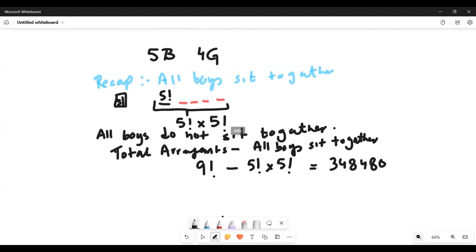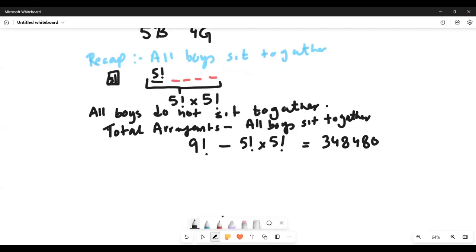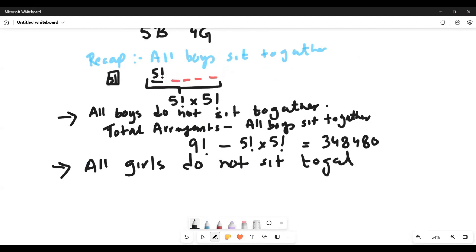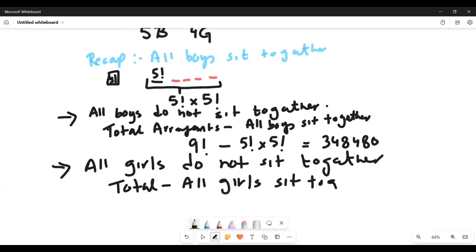Then you might be asked to find the number of arrangements if all girls do not sit together. So again, what we'll do is total arrangements minus all girls sit together.